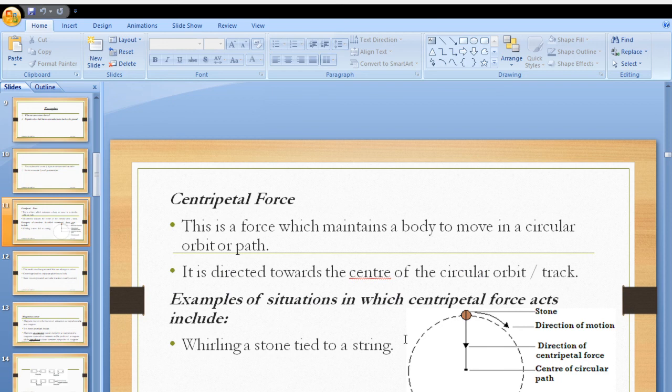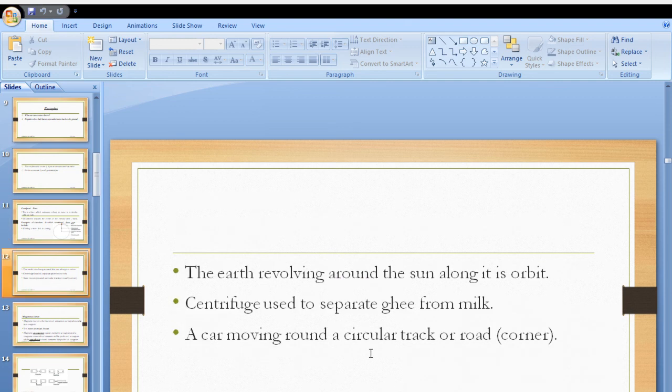Let's look at centripetal force. It is a force which maintains a body to move in a circular orbit or path. It is always directed towards the center of the circular orbit or track. Examples of situations in which centripetal force acts include whirling a stone tied to a string; all of us at some point have done this.